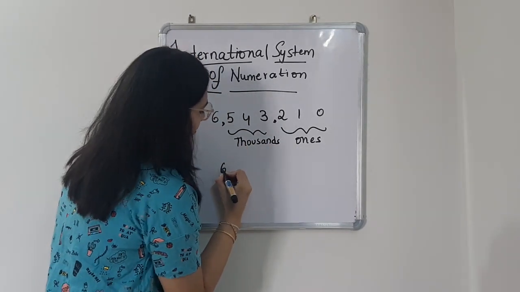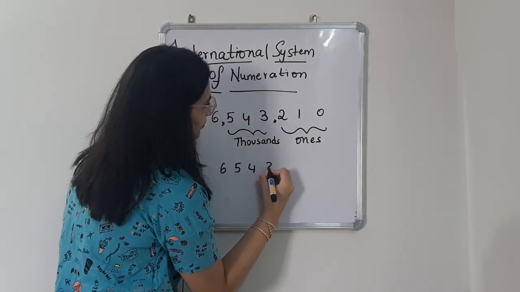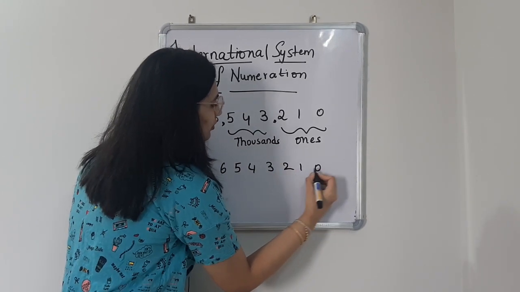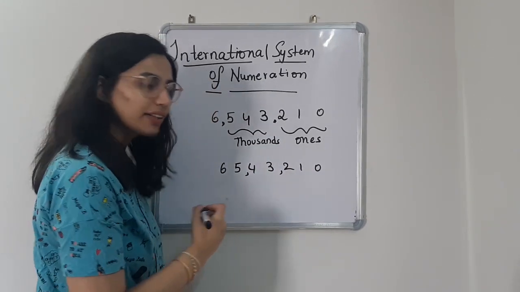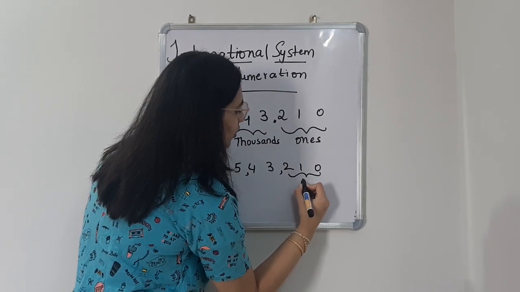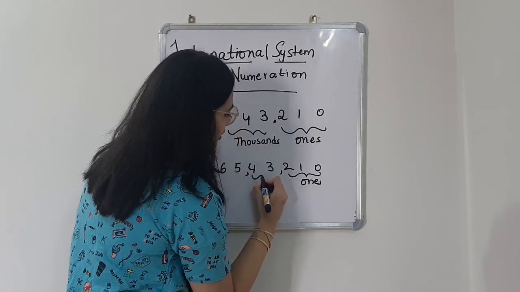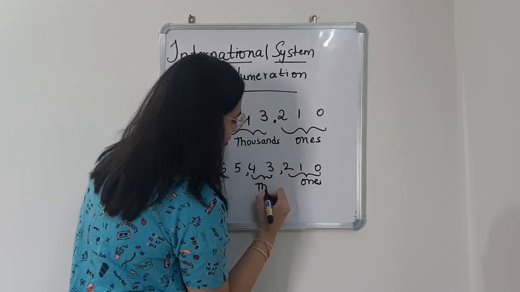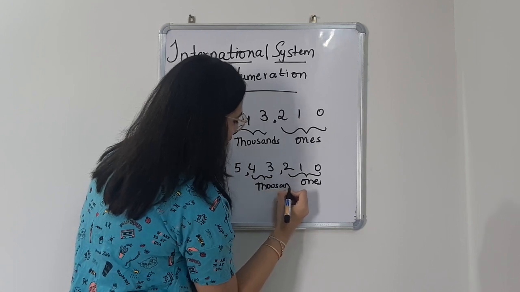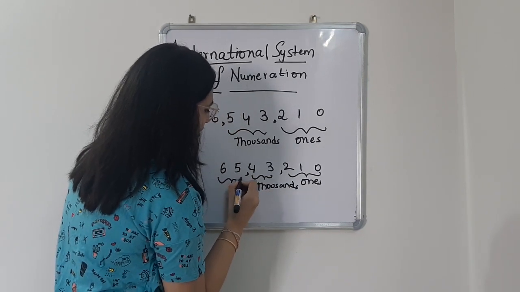Now, if you write the same number in the Indian system, right? This period we call ones, this we call thousands, this we call lakhs.